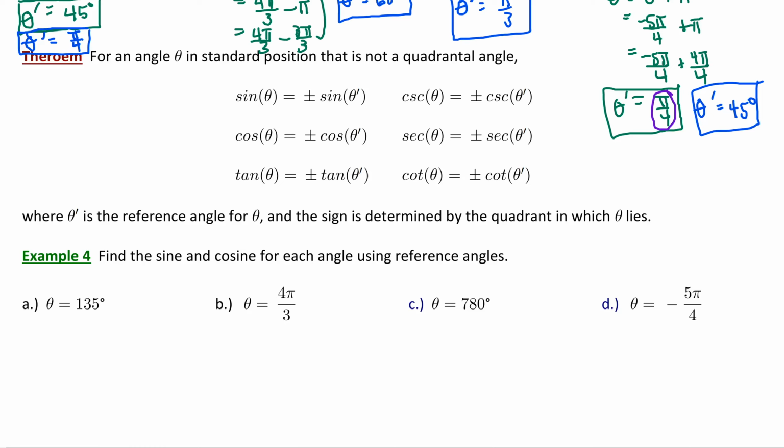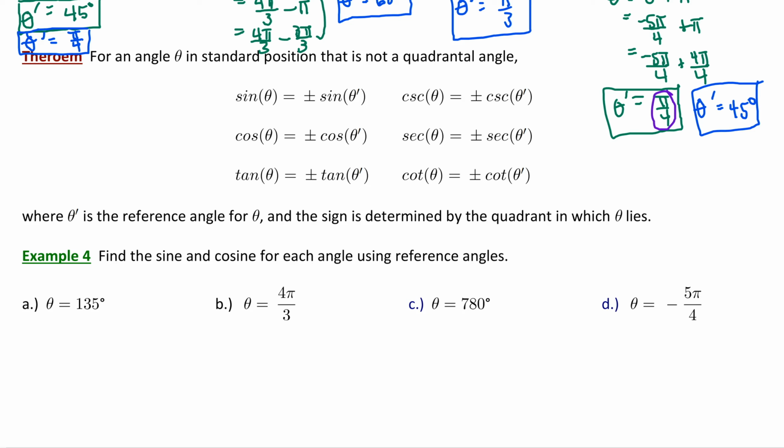Now, reference angles are going to be very useful as we learn how to calculate sine, cosine, and tangent for every single common angle on our unit circle. So let's make an observation about the relationship between the trig function evaluated at an angle theta and that same trig function evaluated at the reference angle theta prime.